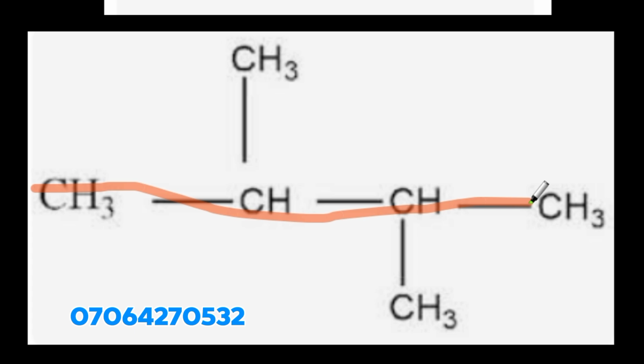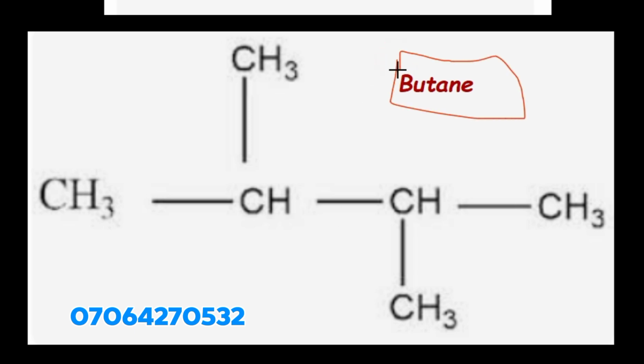Regardless of how you are counting, it will give us 4. Even if you count like this, 1, 2, 3, 4. So this one will also give us 4. Since our highest number of counting is 4, the parent name will be butane. So let's write butane down now. Our longest carbon is 4, and that is why we have butane as the parent name.